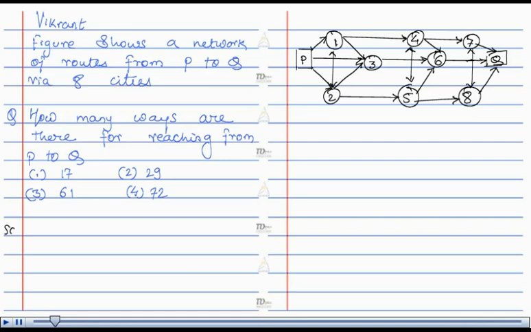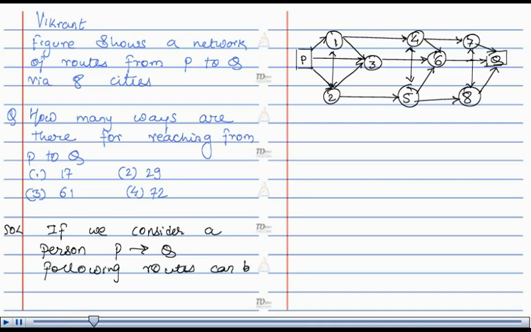The solution is, if we consider a person traveling from P to Q, then the following routes are possible.